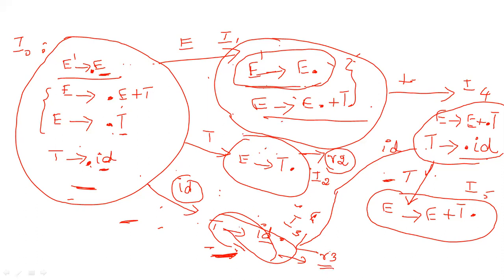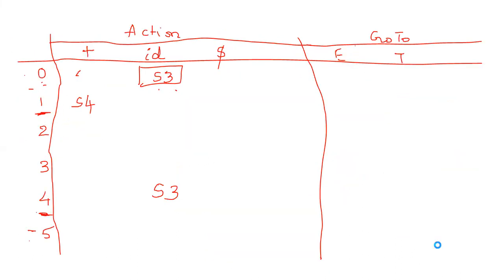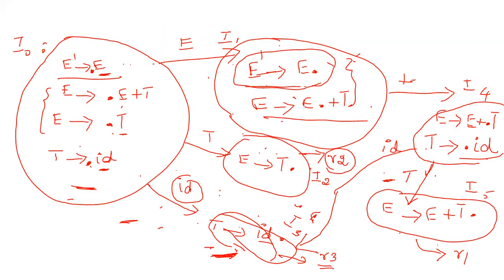And see I4, there is no completed production. There is no reduced production. And see I5, in I5, the first production got reduced, right? So E implies E plus T, that is R1, right? Now, I have to fill these entries in the action part. So where do I need to fill R1, R2, and R3? Let us see. Now, what is R1? R1 is at I5, right?